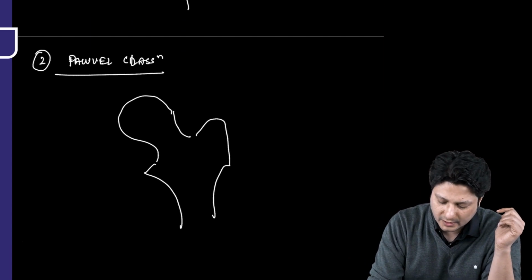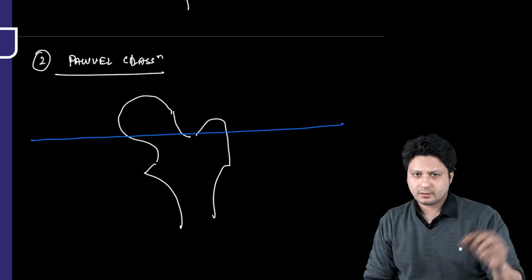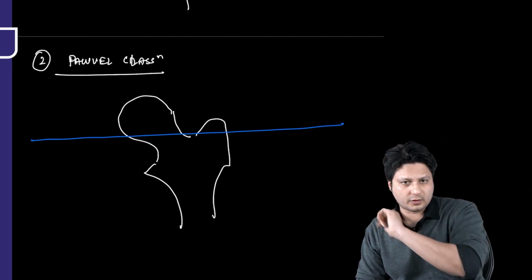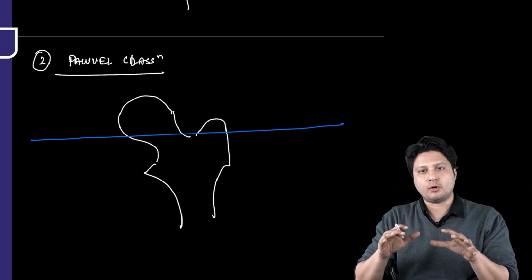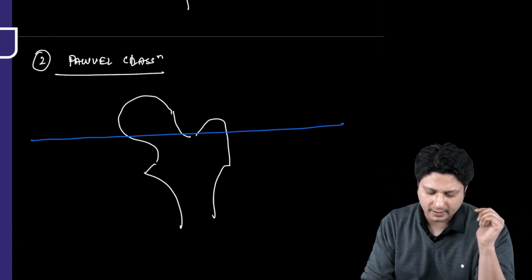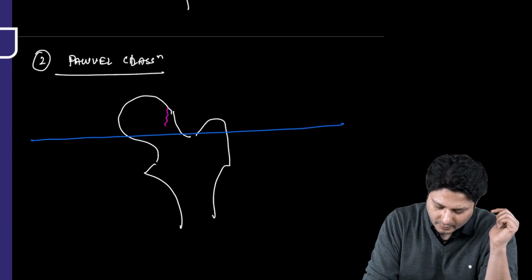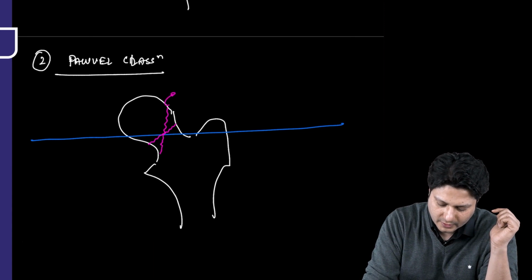Now imagine if we draw a horizontal line along the neck. This is the imaginary horizontal line, and the two fracture lines are going to be compared with the angle created along this horizontal line. So we are comparing two fracture lines. This is fracture line A and this is fracture line B.